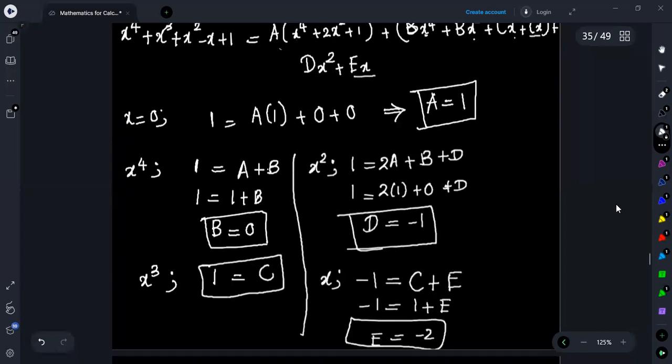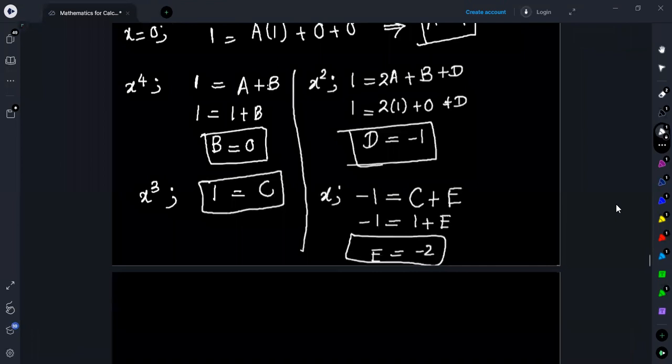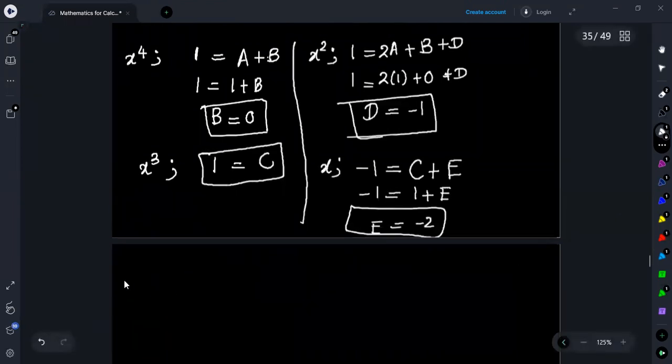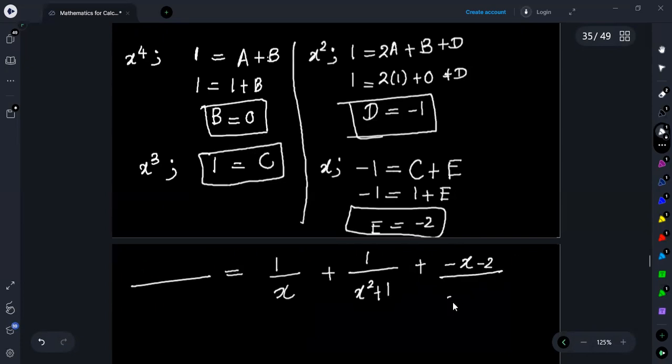So once you have obtained all these values, you can just substitute those values and write the answer. The expression is equal to, our a is equal to 1 over x. Since the value of b is equal to 0, bx plus c is 0x plus 1. So the remaining is 1 over x squared plus 1, and dx plus e, so it is minus x minus 2 over x squared plus 1 to the power 2.